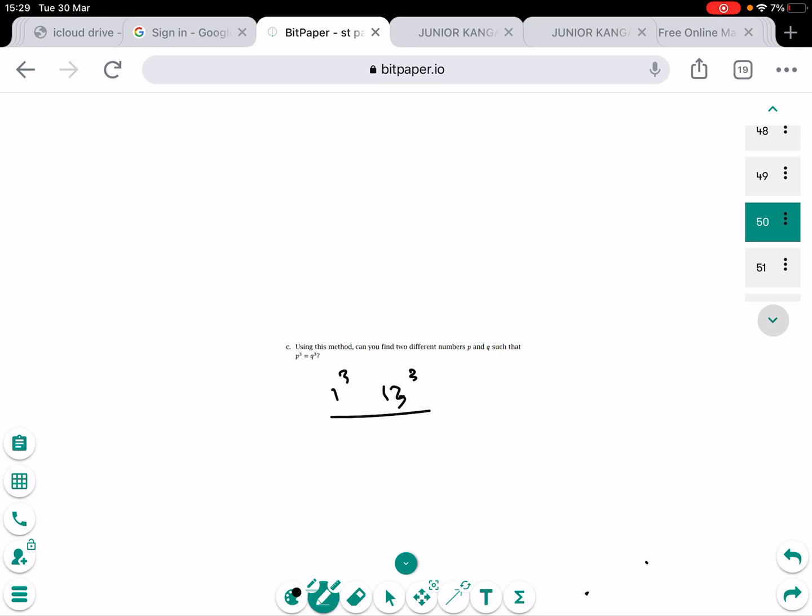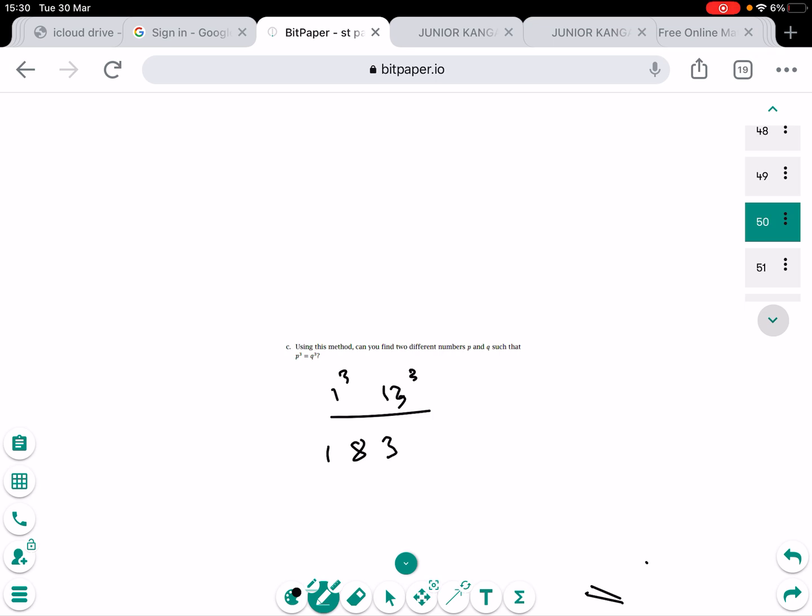So wait, 4 cubed equals... Oh, basically I think what you need to do is just write it down. So 1 cubed equals 1, 2 cubed equals 8, 3 cubed is 27, so that becomes 3.